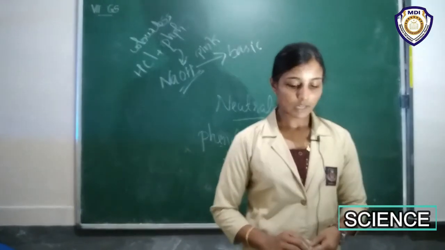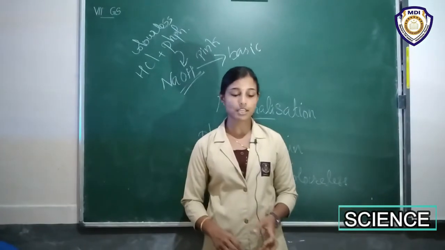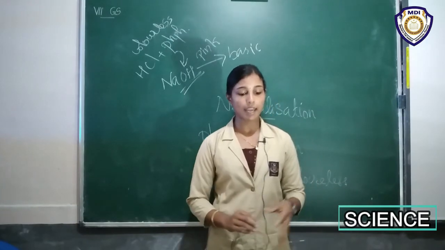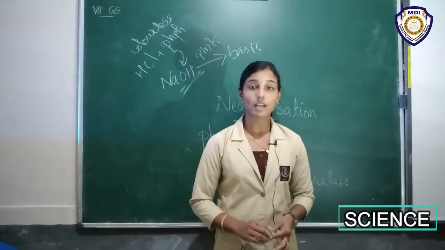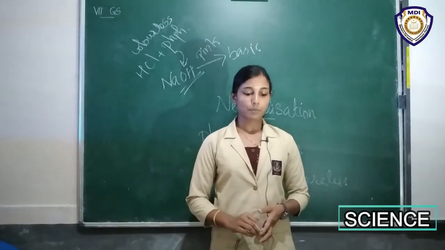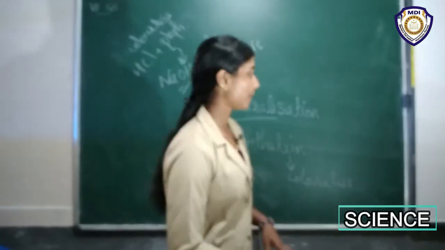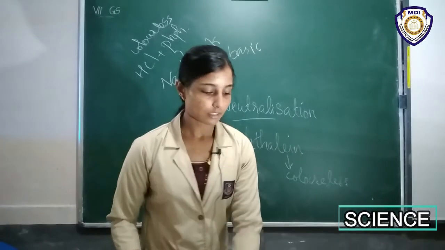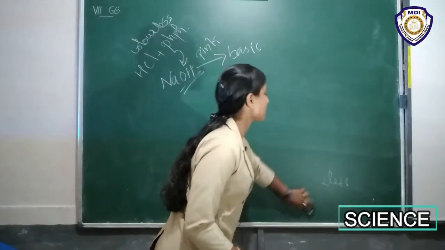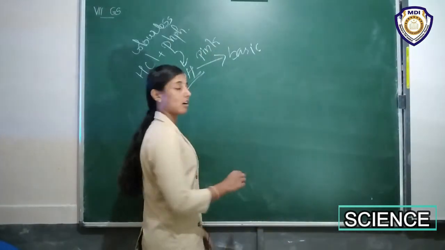Thus, neutralization can be defined as follows. So what is the definition of neutralization? This you should also underline. The reaction between an acid and a base is known as neutralization. Salt and water are produced in this process with the evolution of heat. That is, acid and base react together forming salt and water with the evolution of heat.